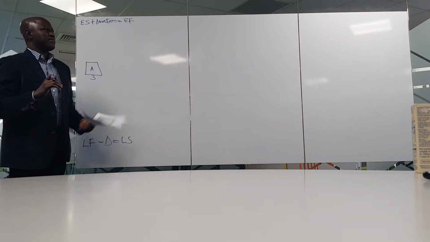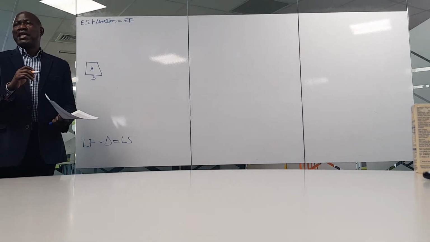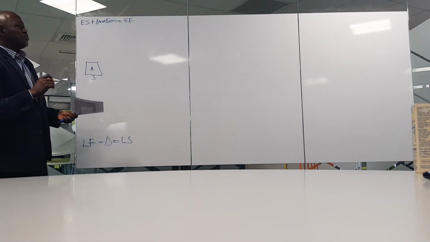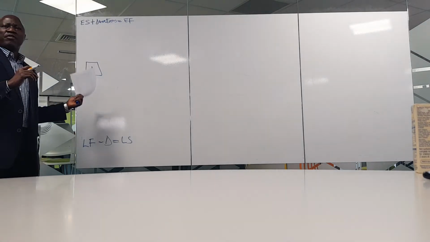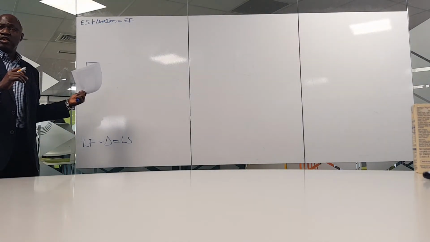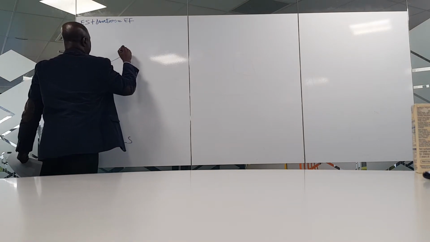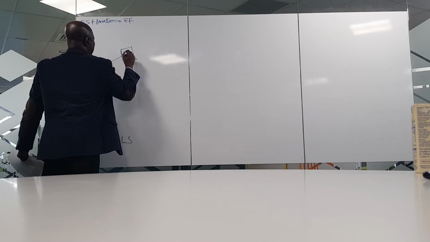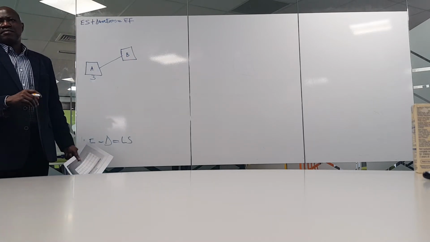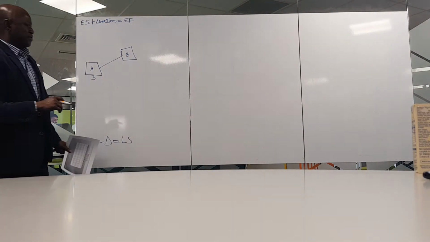Then we have B. B is preceded by A, meaning that before you can do B, you must have completed the activities on A. So let's say our B will take off from here, something like this. You put B here. How many days is B? 5 days.